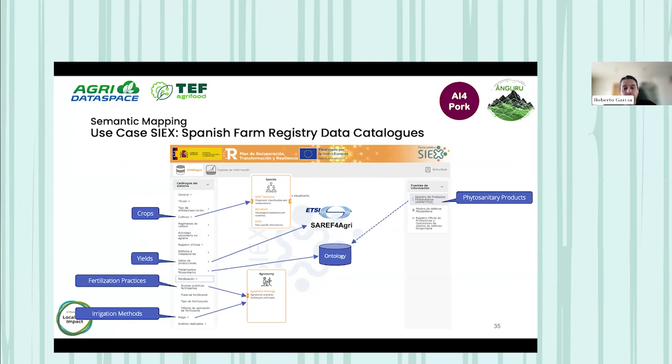Beyond that, we're also exploring ways with these semantic technologies and data spaces. This integration is also a big problem. There are a lot of initiatives trying to map this. What is happening at the Spanish level is that there is a global national farm registry collecting information from the individual farmers about all that they do in the farms.